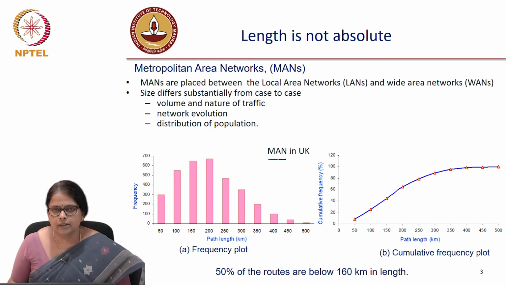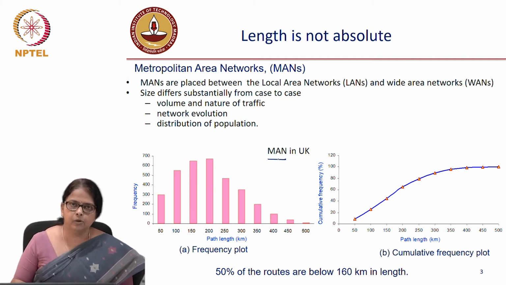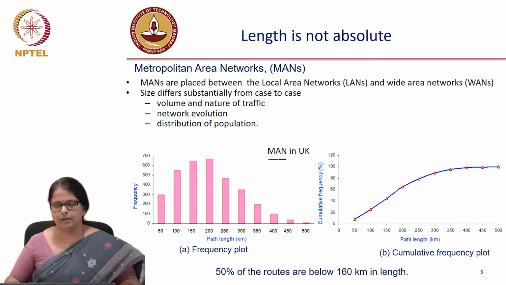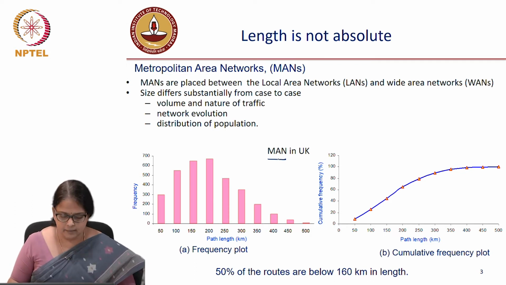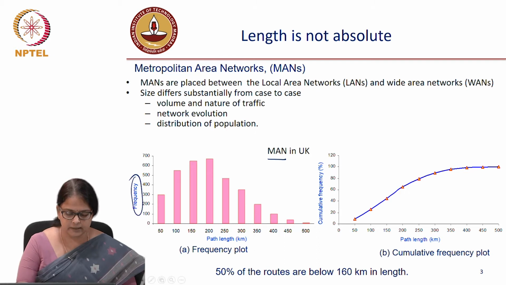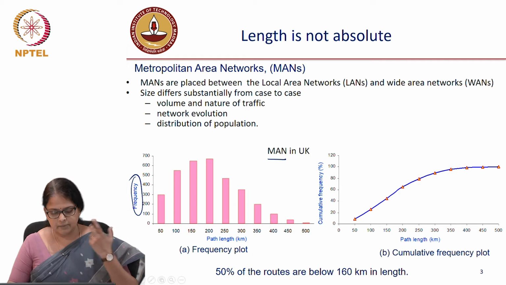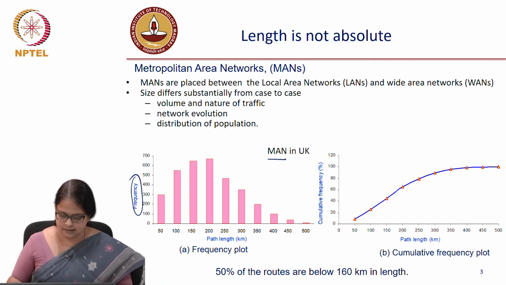So what is typically done for different countries is, this is for example a map that is available for the UK. What is commonly available in open source is the path length of the metro network for different links, and the number of occurrences of such path length is what is plotted in this figure. This frequency does not mean the frequency or bandwidth of transmission, it just means the number of times this kind of link length occurs.